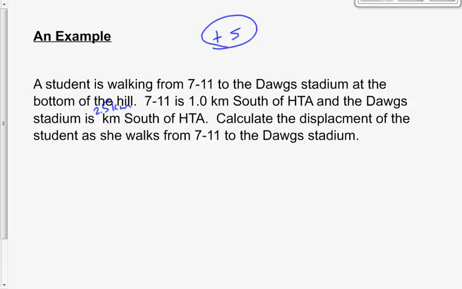So we're going to say the original position, or D I, the initial position, not the displacement, the initial position is 1.0 kilometers. Had I defined north as positive, what would be my initial position here? We would have made it negative 1 kilometer, right? Which would have been fine. But it's probably easier to deal with positives than it is to deal with negatives.